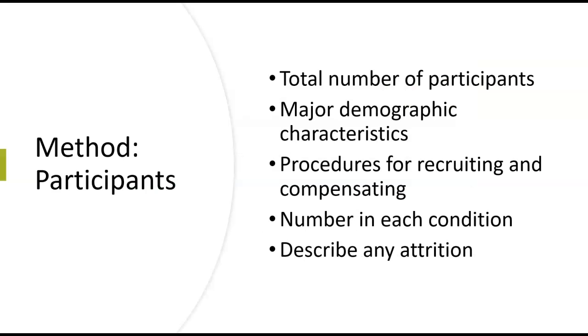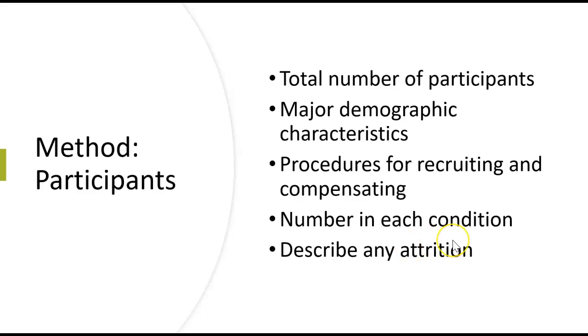In the participant section, as you've learned from the method worksheet, you typically have to include at the very least the total number of participants, their major demographic attributes, procedures for how you recruited participants, and whether they were compensated in any way. If you used conditions of an experiment, state how many were in each condition.